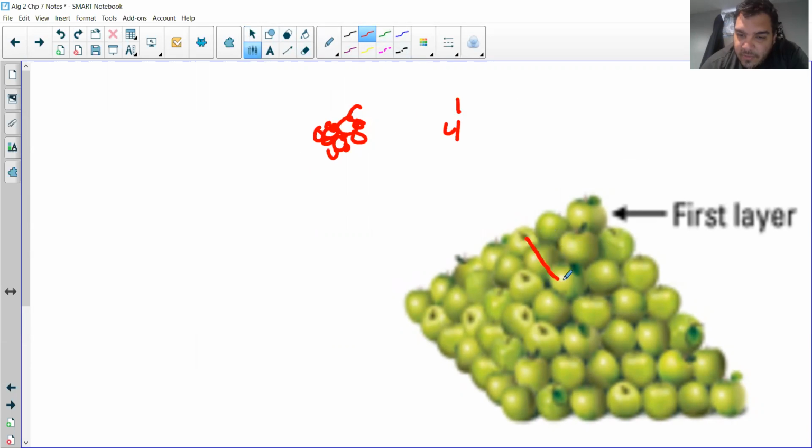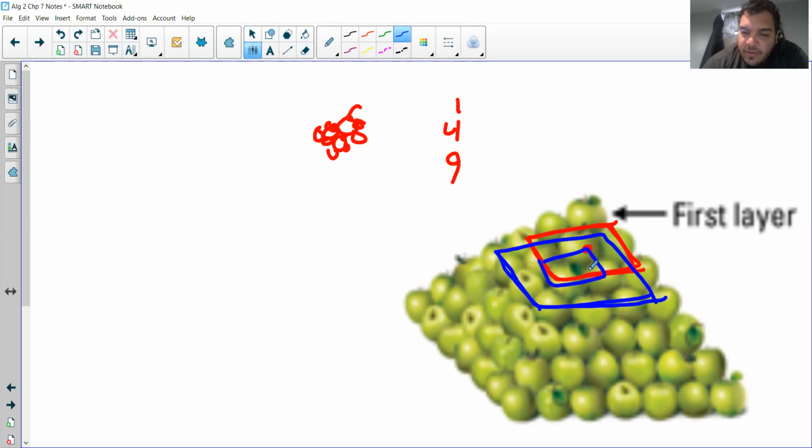So here we have the third layer, which means there's like 3 here, 3 here, 3 here, 3 here, plus the 1 in the middle. So we end up having 9 apples on that layer. We got our 4th layer. Seems like we have a 4 by 4. And then we'll have like a 4 in here. So that's 12 on the outside, 4 on the inside. So that's 16.